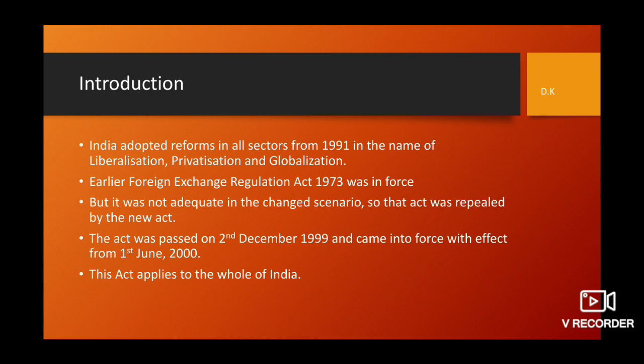It is mentioned in Section 1, subsection 2 of the act that it shall also apply to all branches, offices and agencies outside India owned and controlled by a person resident in India, and also to any contravention thereunder committed outside India by any person to whom this act applies. It is clearly mentioned in Section 1, subsection 3.